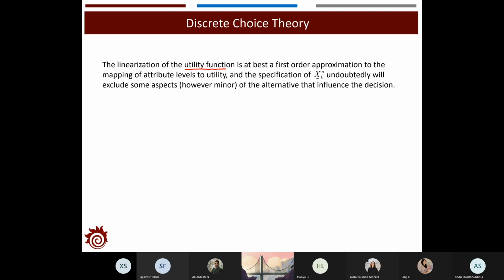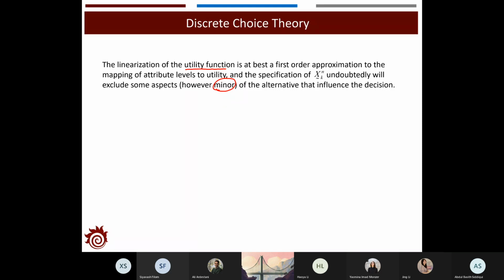So that's the reason for us to choose the linear model. And also the specification of the attributes will exclude some minor aspects. We only choose the ones which are very important and have a significant impact on the model.